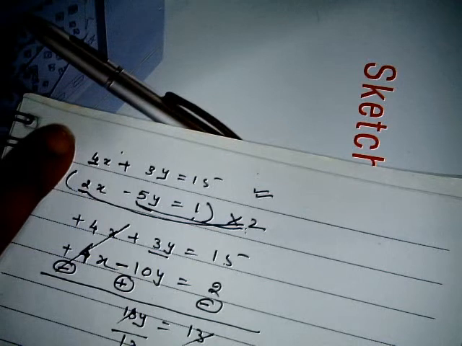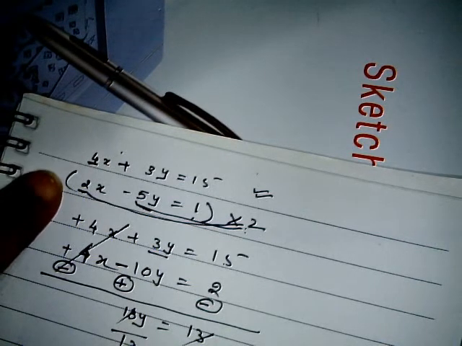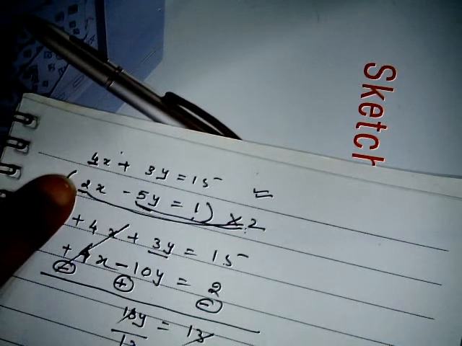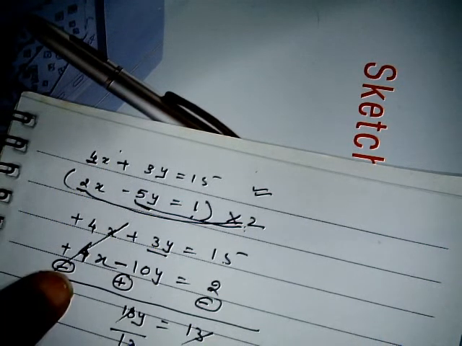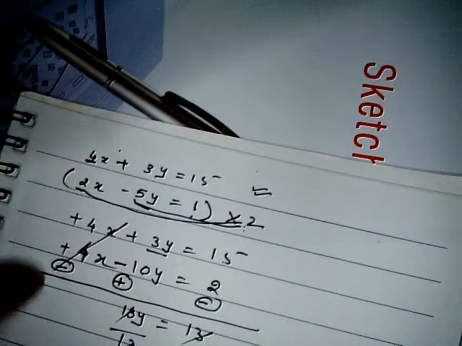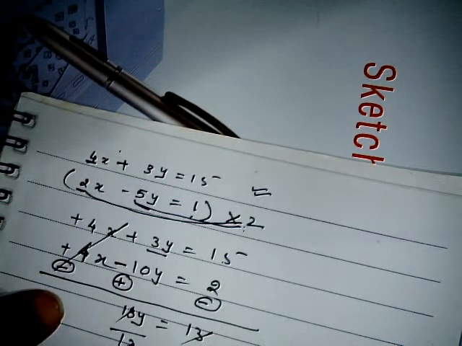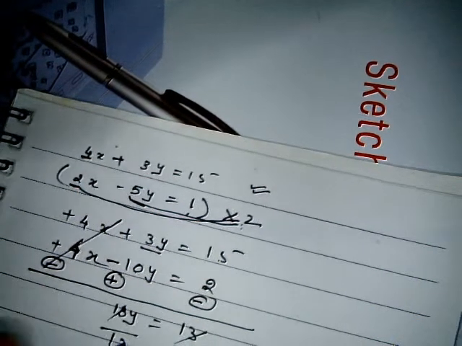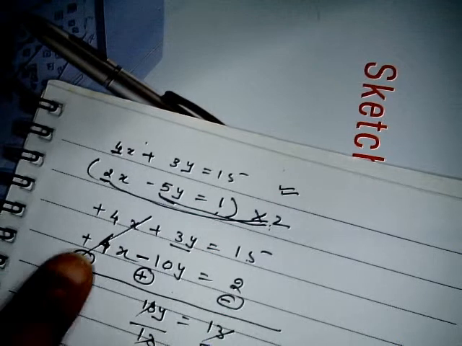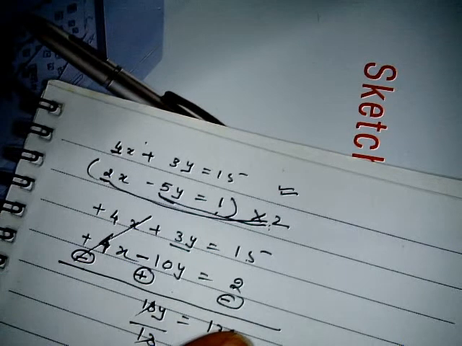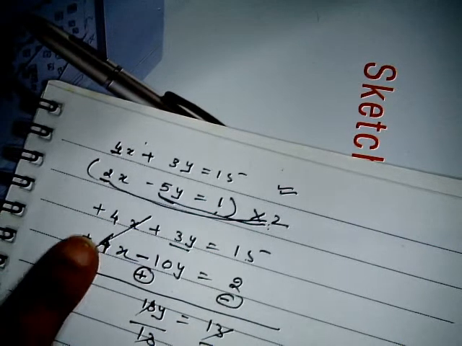After multiplication we can see over here both the coefficients are of the same sign, but they should be of opposite sign to cancel out, as I told you when we started solving. So to make it different, I need to change the sign of the down equation. So 4x was positive, I made it negative. Here it was negative, I made it positive, and here it was positive 2, so I made it negative. Now this is positive and this cancels out.